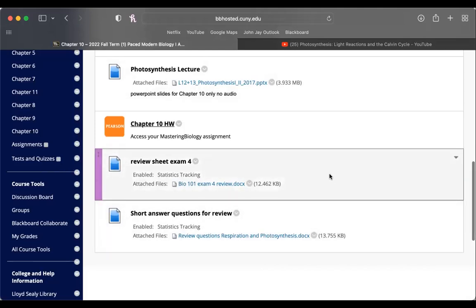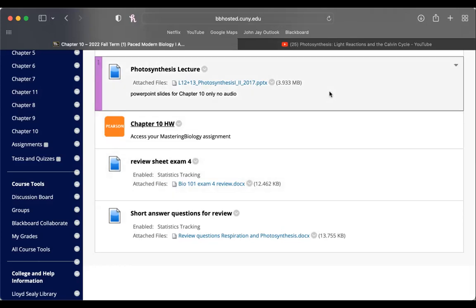Again, these are from another professor, so they're not necessarily completely indicative of what our test is going to be like. But that being said, it's going to be fairly similar because there's only so much information that we can really put on the exams. So that being said, that is the end of our new lecture material.